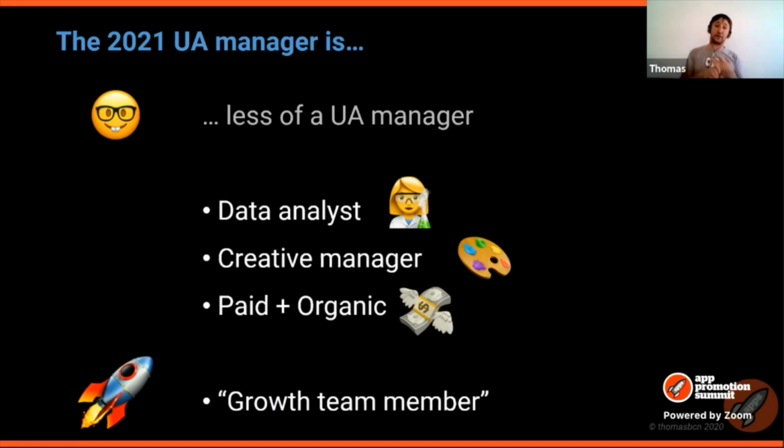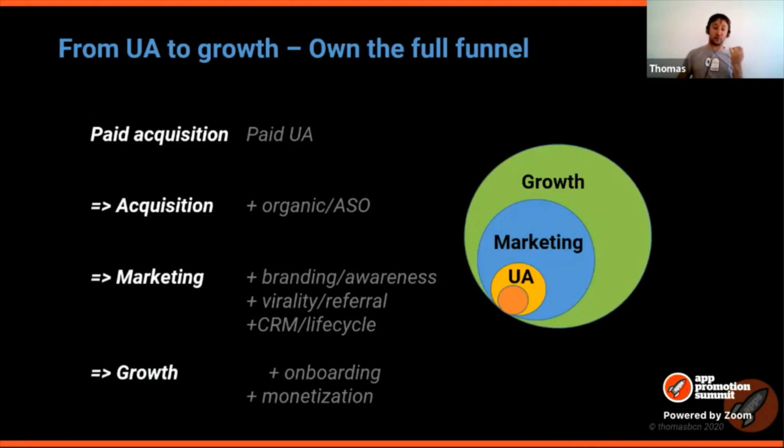And I put here something that I think is really important, that is growth team member. What I mean here is basically we should stop thinking through the small lens of paid acquisition and think a little bit broader, up to the point of owning the full funnel.